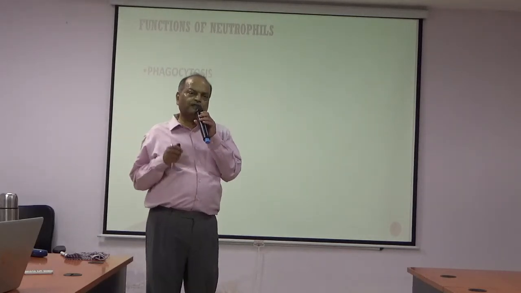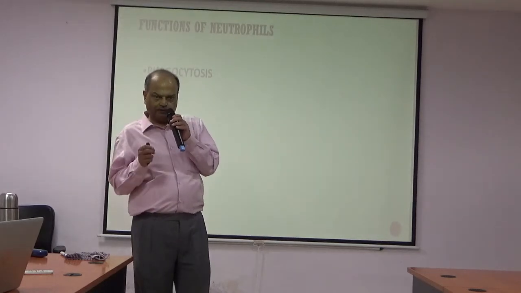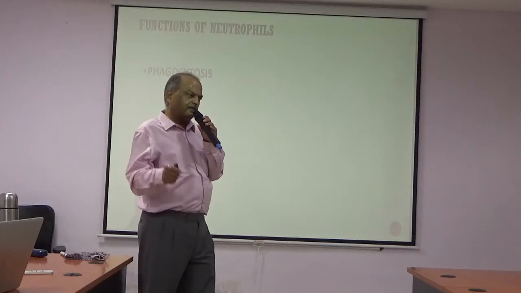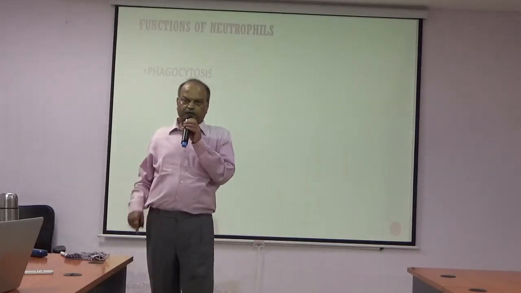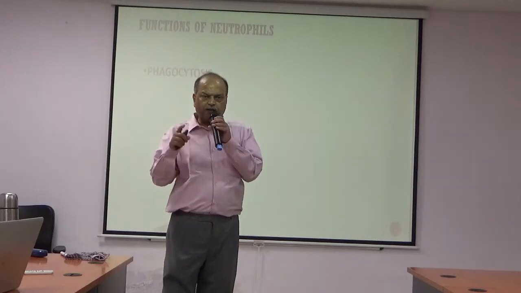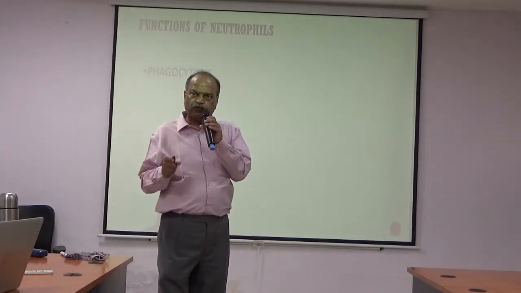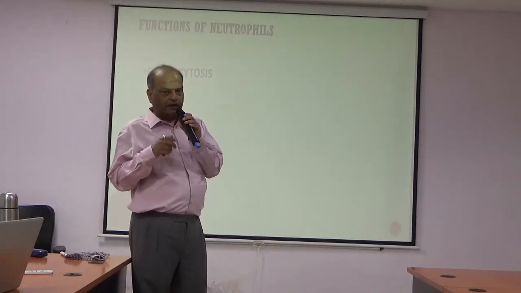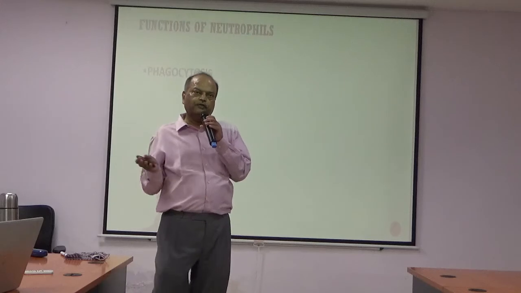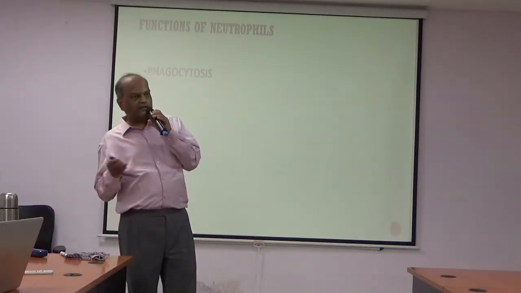But this is variable: if the body is under the influence of an infection, the neutrophils are called to perform their duty of phagocytosis at the site of infection, and while performing their duty, they also die out. So there has to be a very rapid turnover, and in that case the life of the neutrophils becomes very small. Usually, in the non-infected condition, the life is 4 to 8 hours in the circulation, and around 8 days in the tissues.